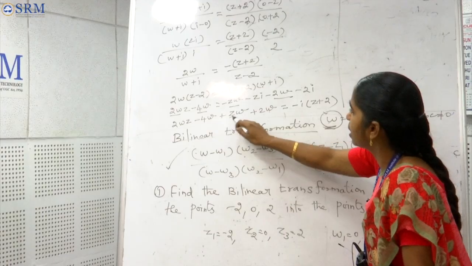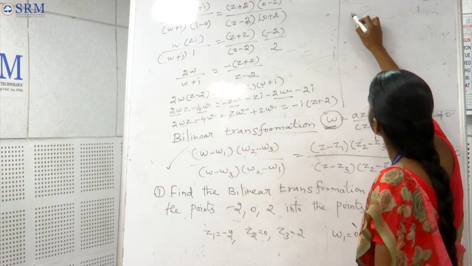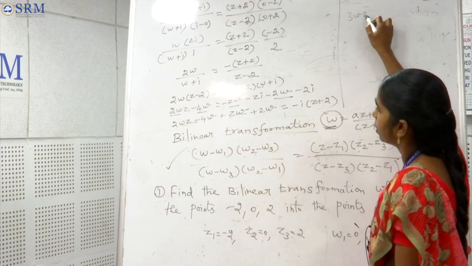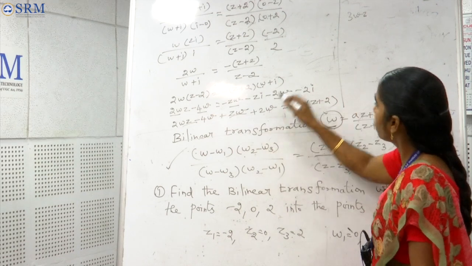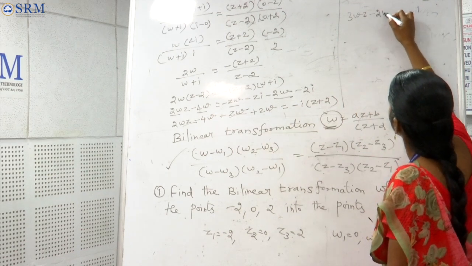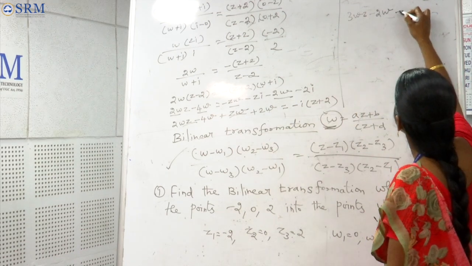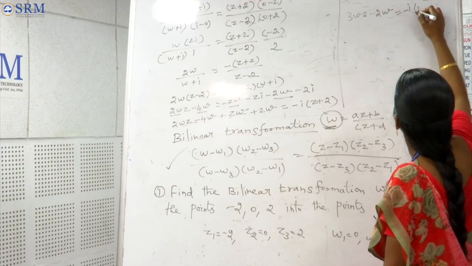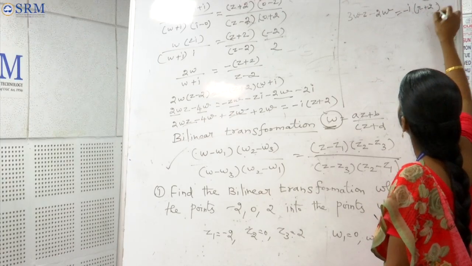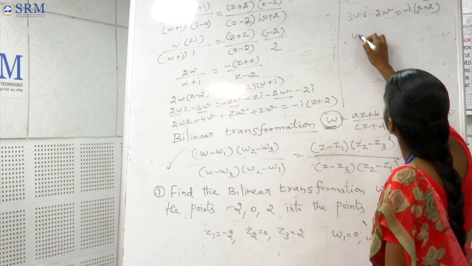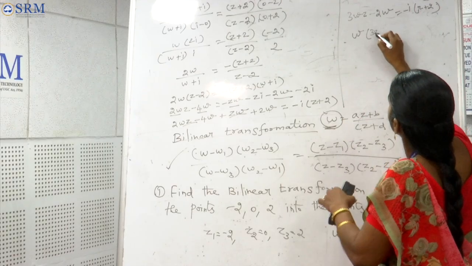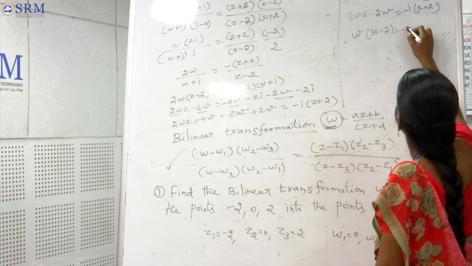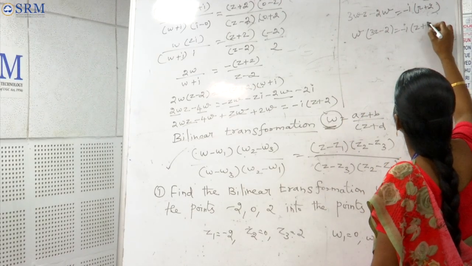Now combine the ZW terms: 3ZW minus 4W plus 2W is equal to minus i times (Z plus 2). So W times (3Z minus 2) is equal to minus i times (Z plus 2).